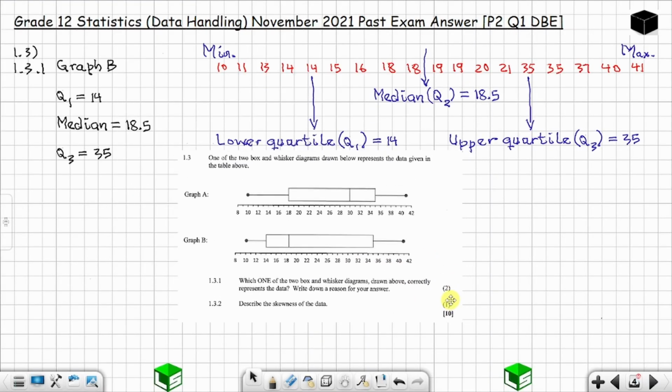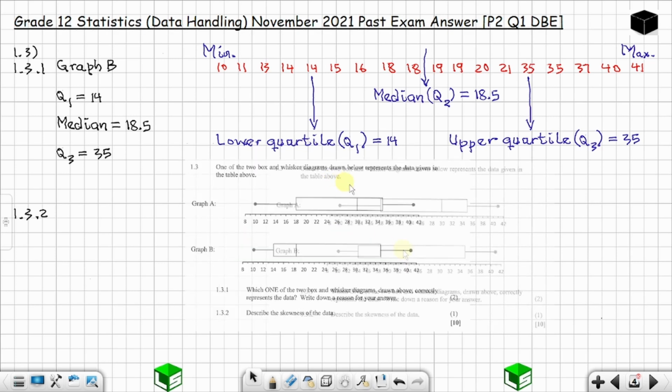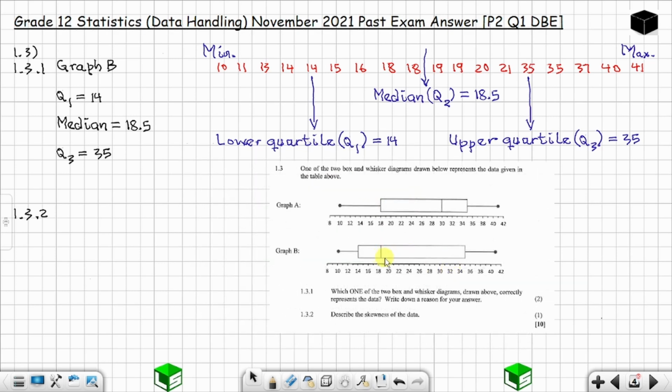The next question is 1.3.2. Describe the skewness of the data. So this is the data, because this is the one representing the data correctly. What is the skewness? You can see you have the bigger rectangle on the right and you have this smaller rectangle on the left.